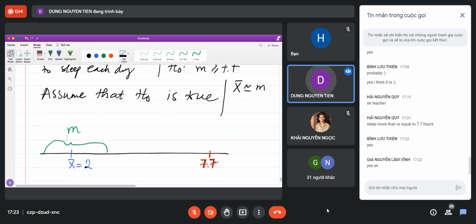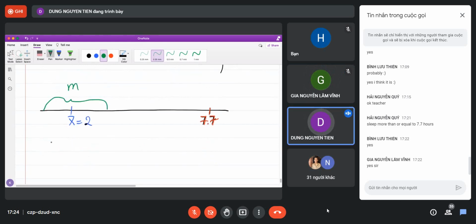If X bar is much less than 7.7, we believe that m is less than 7.7. There's a chance that m is greater than 7.7, but that is really, really small. Do you understand that? Is that all clear? Yes, sir. All right. So in this case, we can reject the null hypothesis, and then you can support H1.